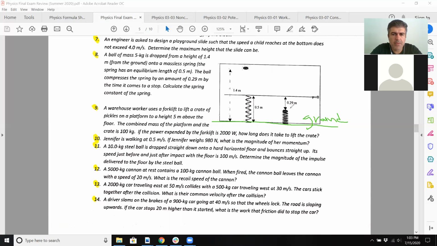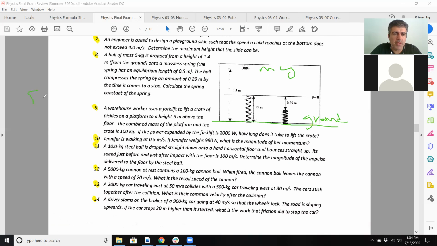Well, we do know the force is just going to be mg of the rock. And then obviously there's a recoil, and you have to look at how much it recoils. It recoils by 0.21.